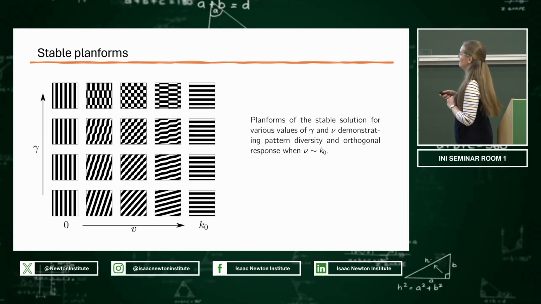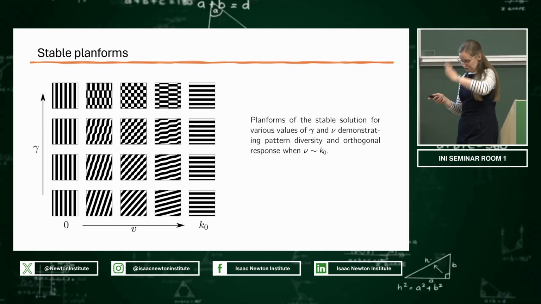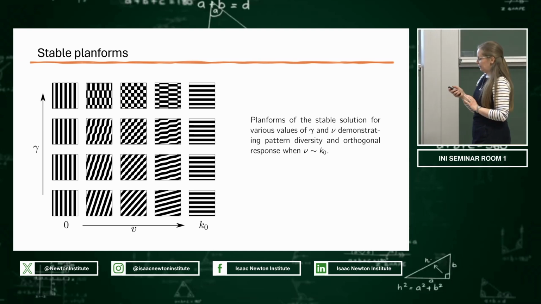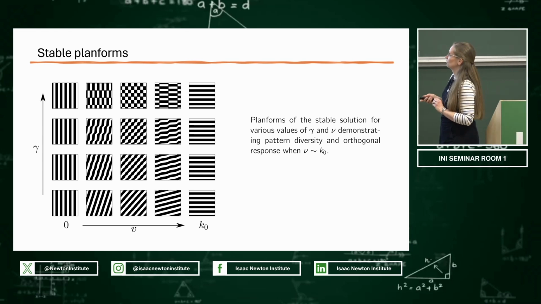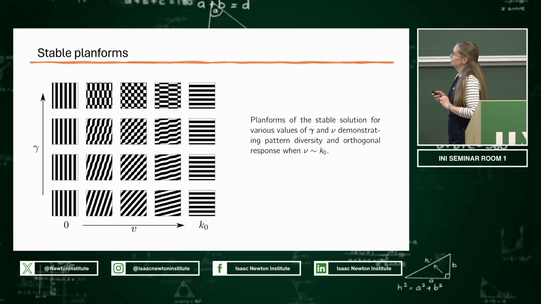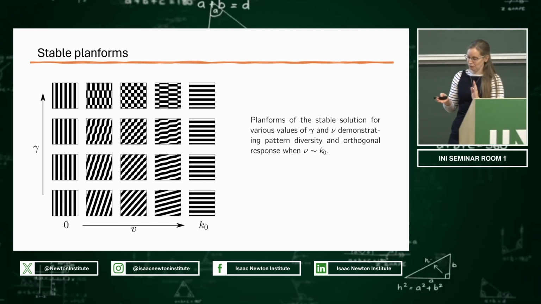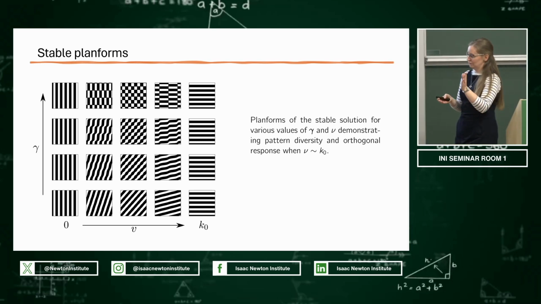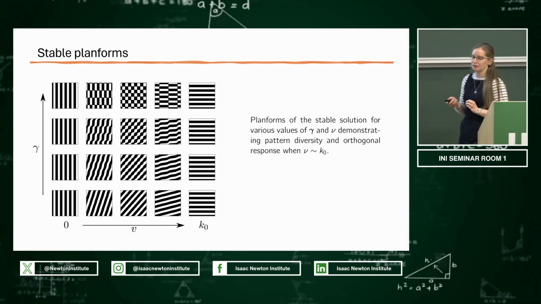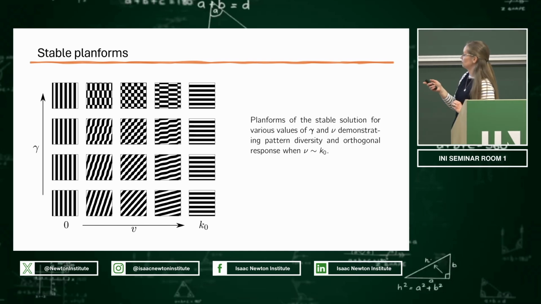Okay, so this is nice. So we might be able to explain how, if we force with vertical stripes, our output is horizontal stripes, so long as we've taken this resonance mismatch between our forcing wave number and the natural pattern to have the right kind of relationship.